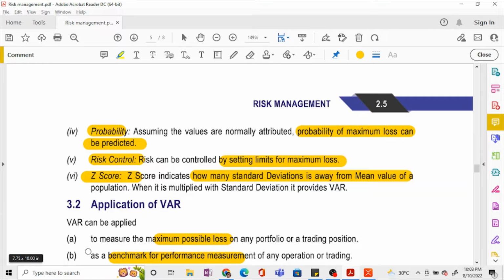Also risk control, meaning they limit the maximum risk which can be taken by the investor. And the Z score is how much standard deviation there is from the mean value, the average. Using all of these, we calculate the value at risk.